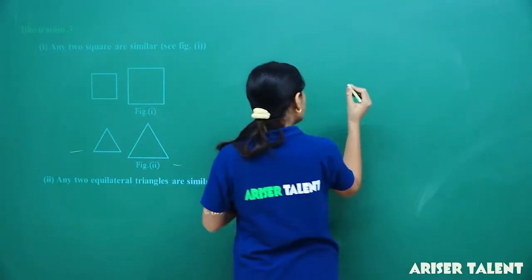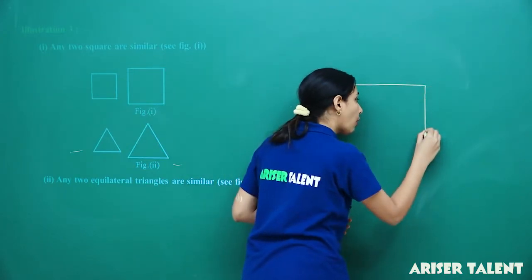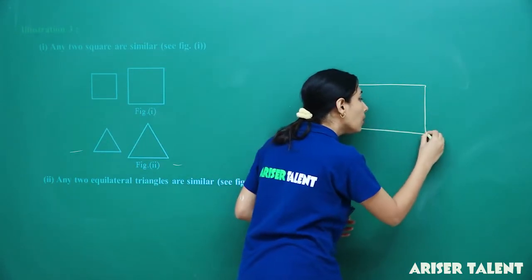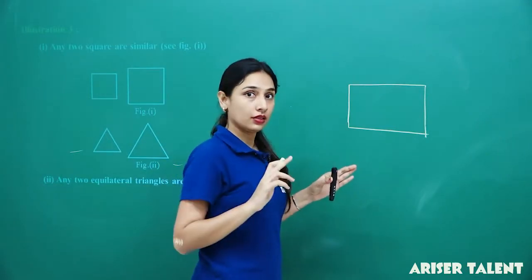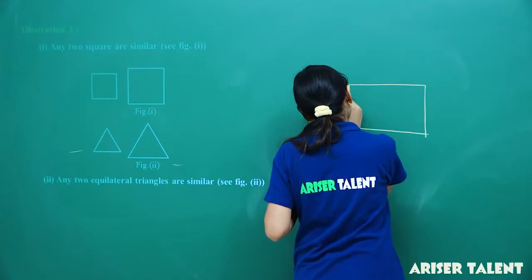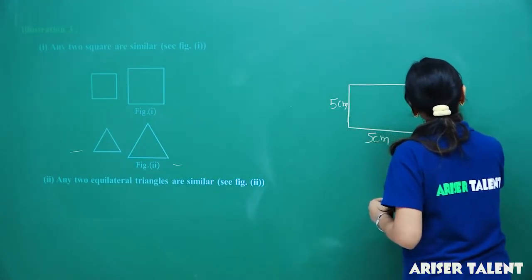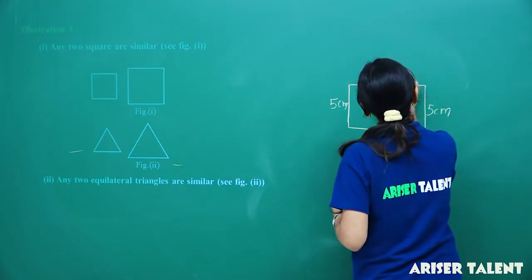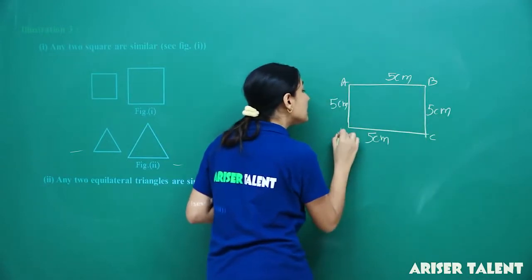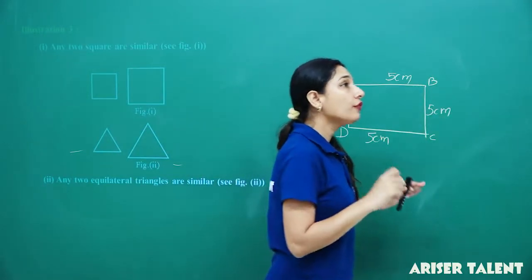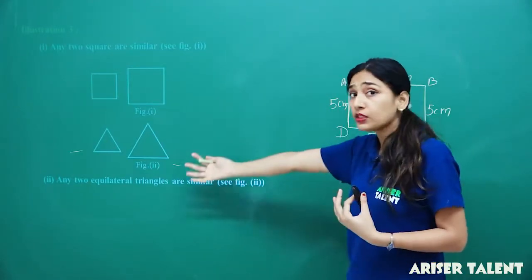Okay. What are squares? Squares are quadrilaterals whose all four sides are of equal length. So if this is 5 centimeter, this is 5 centimeter, this is 5 centimeter, and this is 5 centimeter in a quadrilateral ABCD, then this quadrilateral will be called a square.